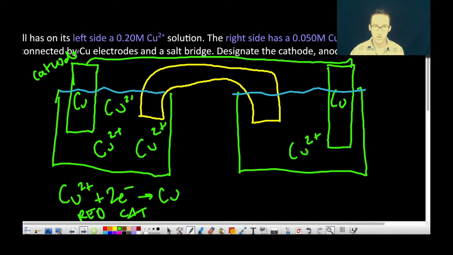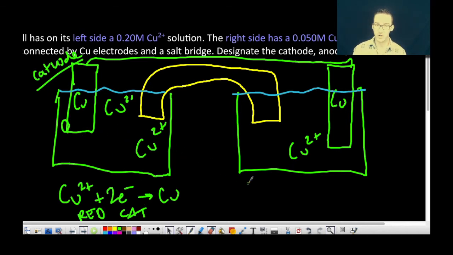Think about that. If this side is gaining electrons, these copper ions are no longer going to be ions in solution, but are going to gain those electrons and hook up to the cathode as neutral copper atoms, reducing the concentration of the copper ions in that cell.